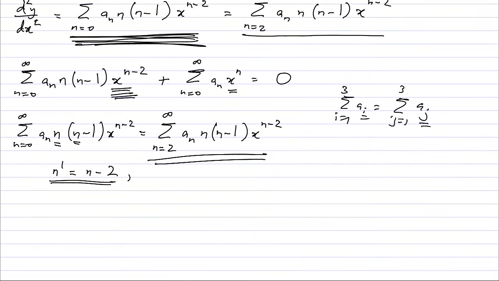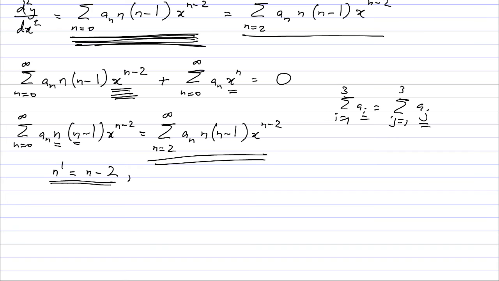Now you make the substitution. Then what do you get? So you first of all have to change the limits of summation. Changing the limits of summation when you go from one index to another index is very similar to how you change your limits of integration. So when n is equal to 2, n prime is equal to 0. So you write n prime is equal to 0. When n is equal to infinity, then n prime is also infinity.